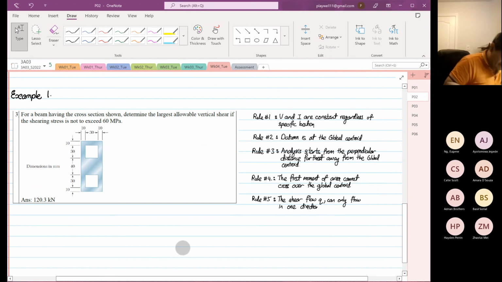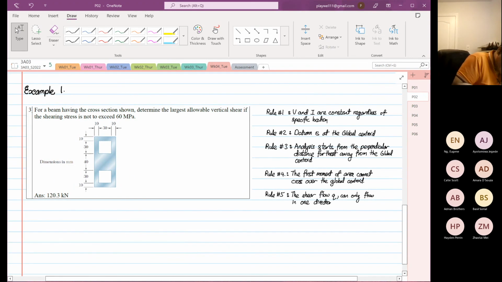So we know that the shear stress is equal to Vy, and at the same time I'll draw our transformation. So this is our y, and this is our z.